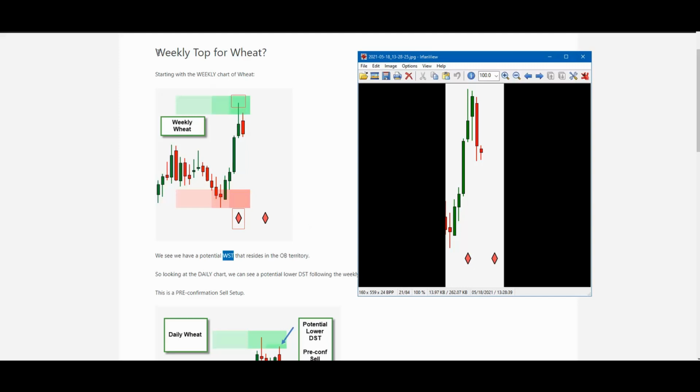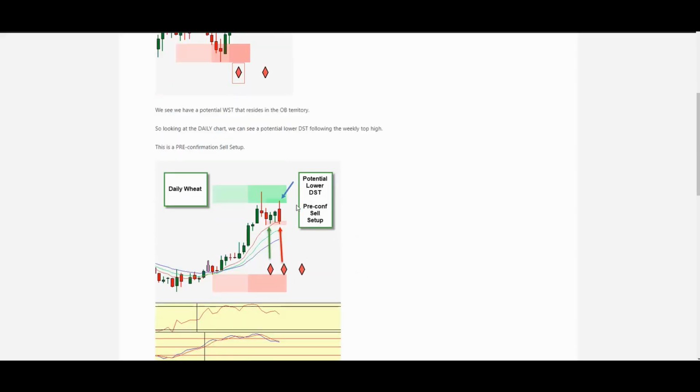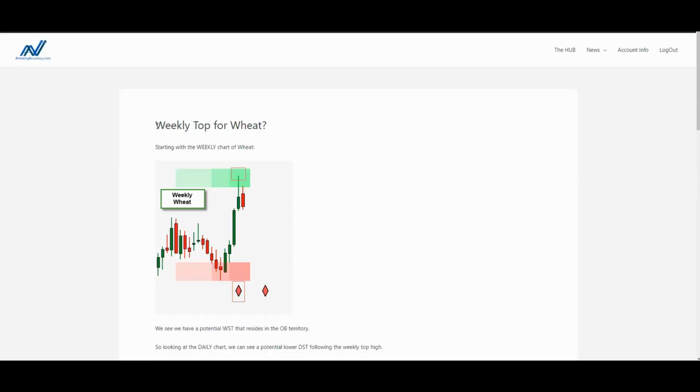So this article that I posted back in March was weekly top for wheat. The highlight was not that we had a potential lower swing top here, and I stress potential, but the idea here was to let everyone know, hey, I believe that we have a weekly swing top for wheat.